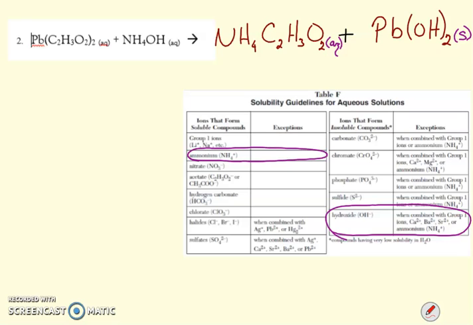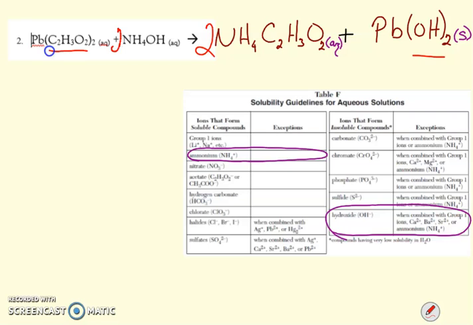So if you look at this equation here, on the reactant side, you notice you have 2 acetates. On the product side, we have 2 hydroxides. So we're going to need coefficients in order to balance that. I'm going to need 2 acetates, so I'm going to put this coefficient there to give me 2 acetates, but that also now makes me have 2 ammoniums and 2 hydroxides on my product side.